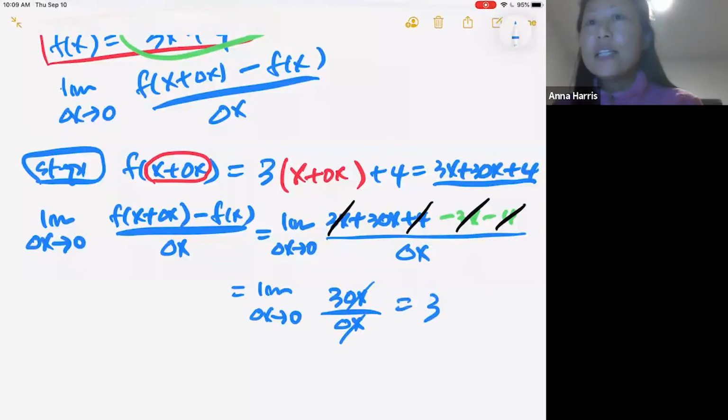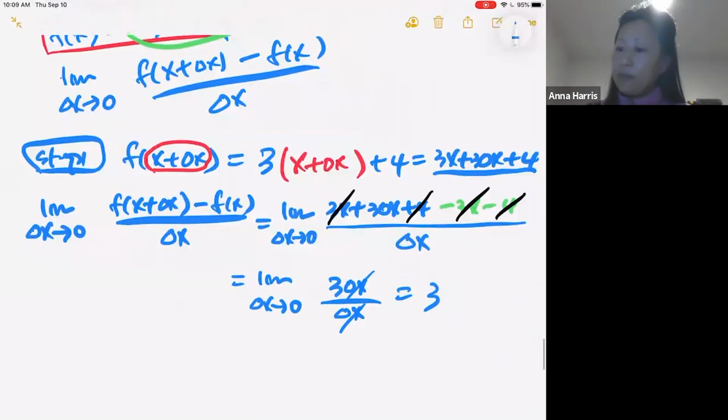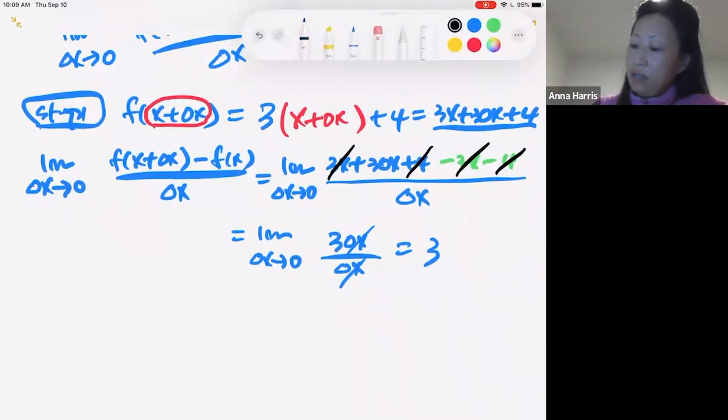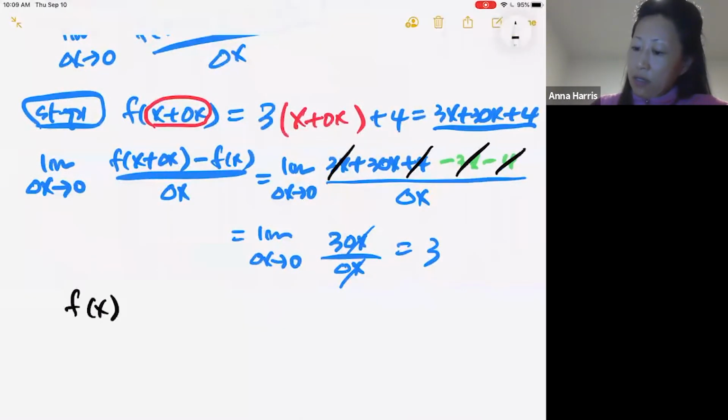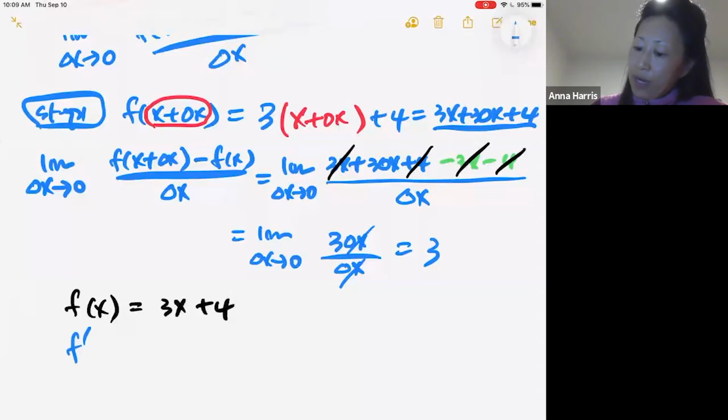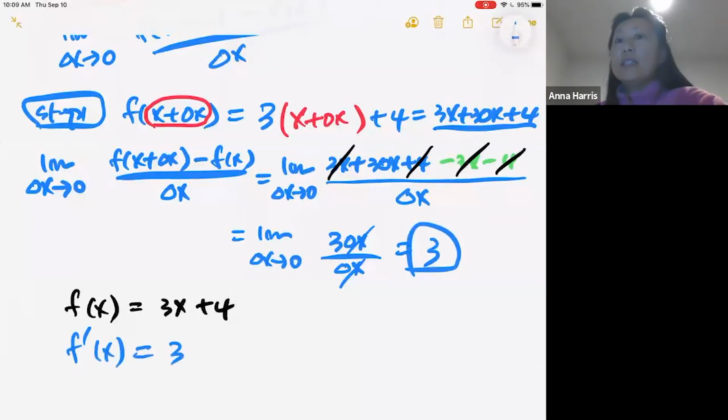Okay, so now let's look at this. This is what we found. What is your f prime? Just simply equal to what? 3, isn't it?